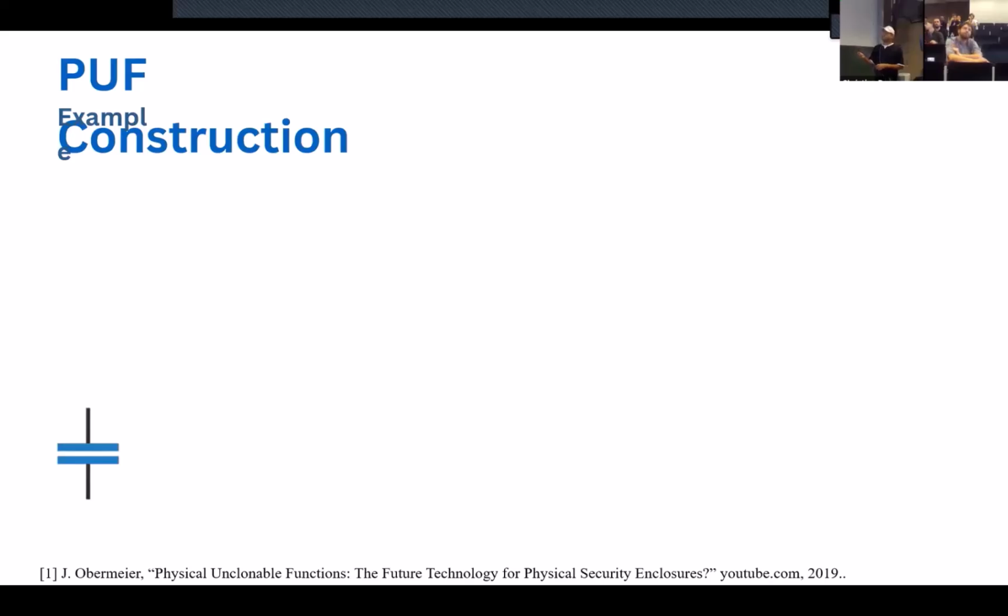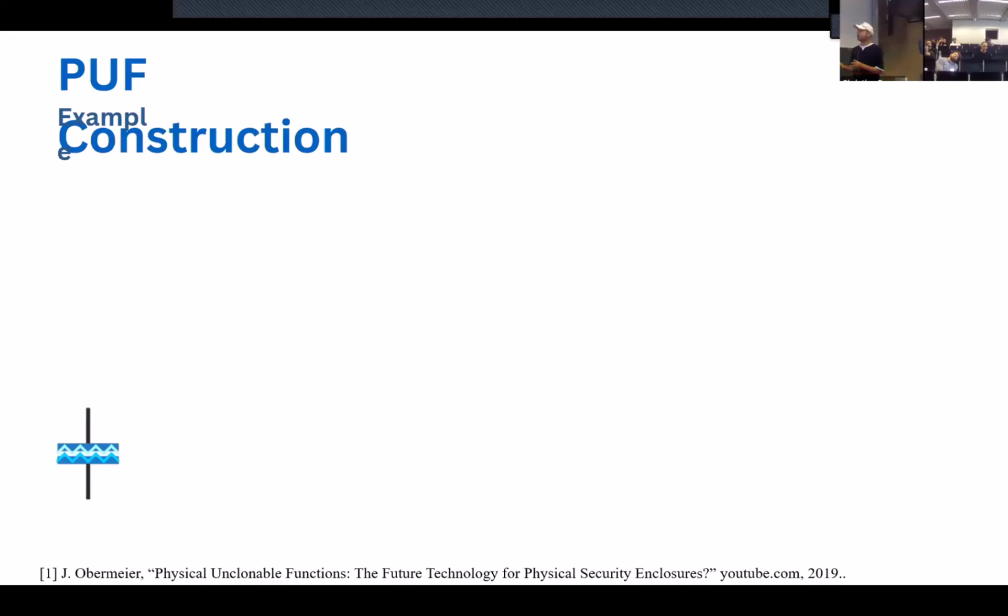Let's see one particular example of PUF construction. Here it's a capacitor that we build with current technology. Suppose we want to build a capacitor of 5 capacitance, but due to hardware variation, it will never be exactly 5. It will be like 5.0001 or 4.9999. So there will be some errors in the manufacturing.